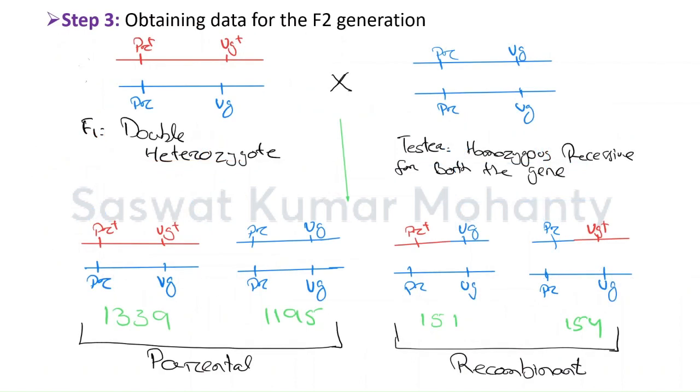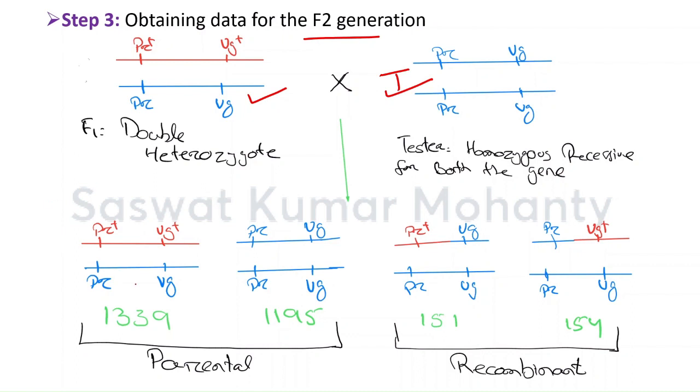Okay. So now come to the third step. After doing the test cross, you have to get the data from the F2 generation. In the F2 generation, this is your F1 hybrid, double heterozygous, and this is your tester, which is homozygous recessive for both the genes.